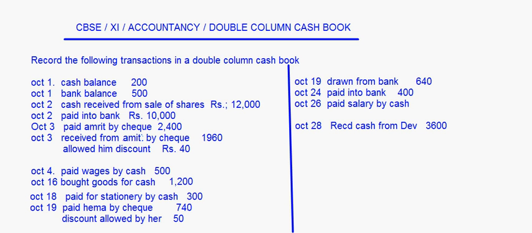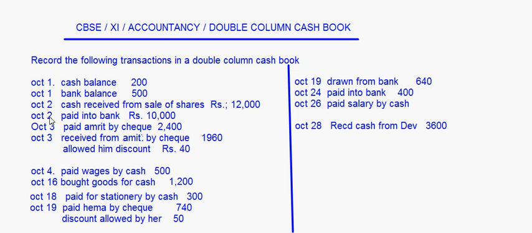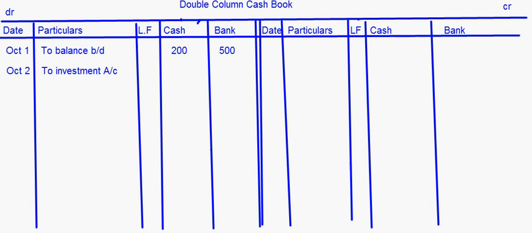Same way, when you receive cash it is debited, when you give cash it is credited, right? Now just see, cash received from sale of shares. So we are receiving cash and this is sale of shares, means we can take an account called investment account, right? So here I'll put it as to investment account, and you're receiving cash for this, so it will come in the cash column and that will be 12,000 rupees, right?